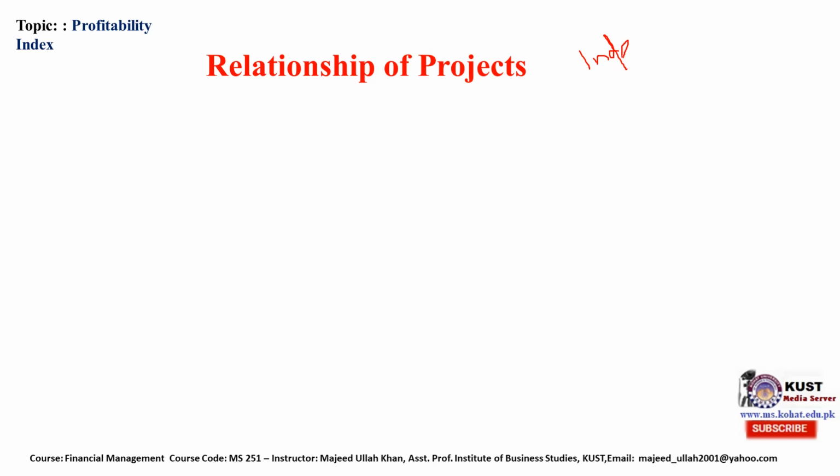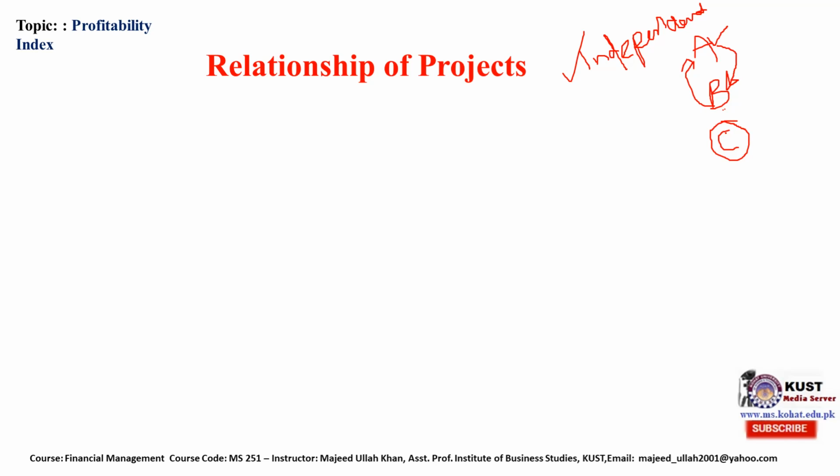Independent means that if A and B are 2 projects, and we select or reject A, it will not influence the selection or rejection of project B. Similarly, if we select or reject B, it will not influence the selection or rejection of A. Similarly, if there is a third project C, selection or rejection of these 2 will not have any influence on the acceptance or rejection of project C.